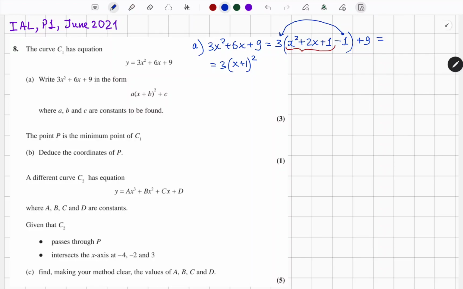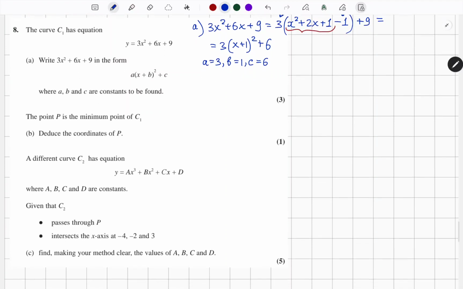So 3 times -1 is minus 3, and then plus 9. Minus 3 plus 9 is plus 6. So that's it. A is equal to 3, B is equal to 1, and C is equal to 6 just by direct comparison. Okay, so let's move on.